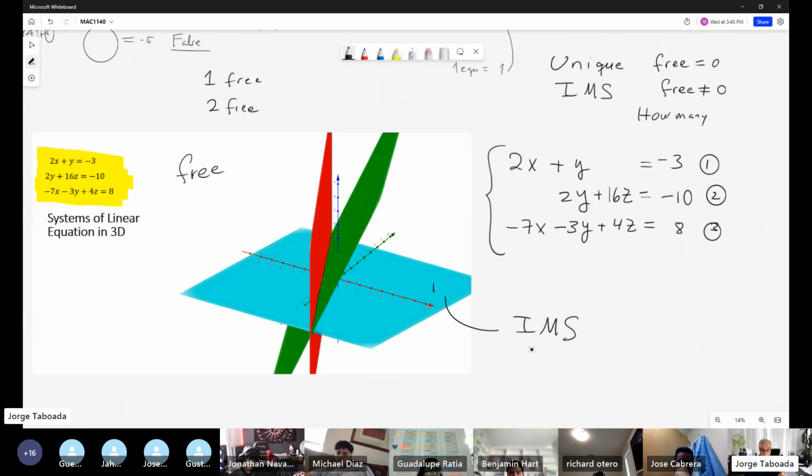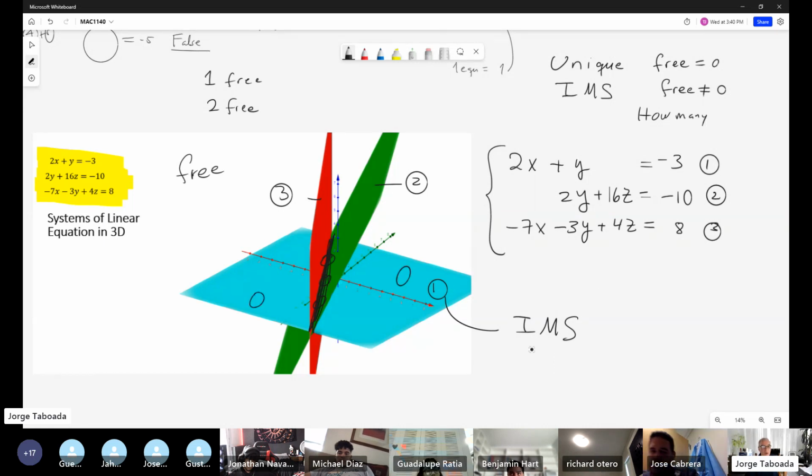Suppose equation 1 is the blue plane, equation 2 is the green plane, and equation 3 is the red plane. And you see that there exists a common set between these planes, which is this line. Yes or no? Any point on this line is a solution.